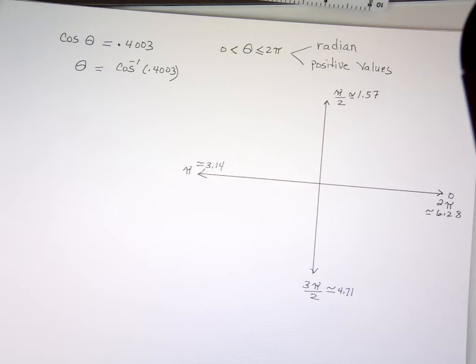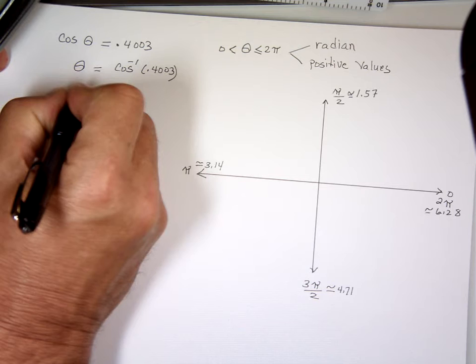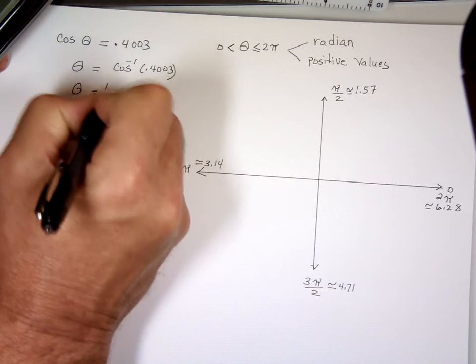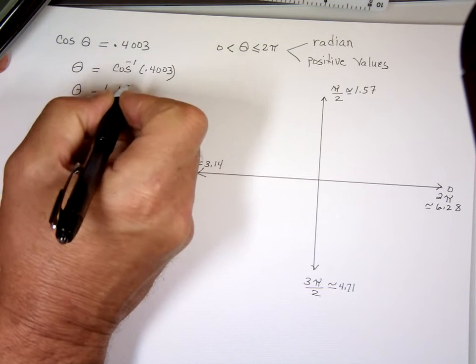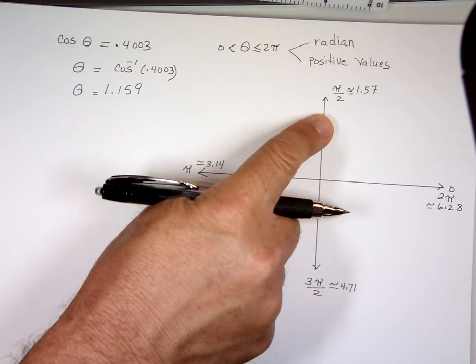Inverse cosine 0.4003. 1.16. Notice 1.16 is less than 1.57, so I know I'm in the first quadrant.